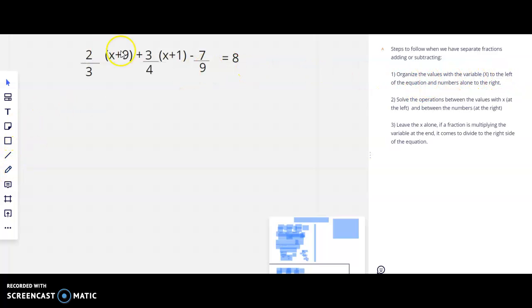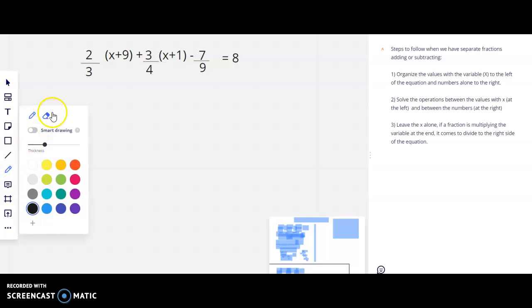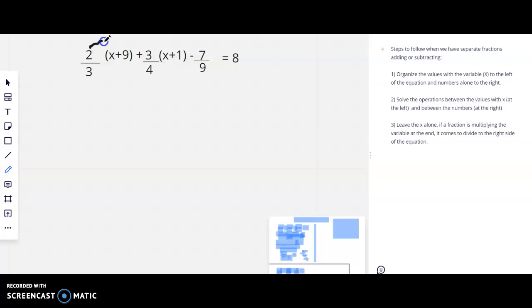Look that we have some parentheses here and we have to break them. How can we do it? We are going to do the operations here. We have to multiply 2 over 3 times x and 2 over 3 times 9.